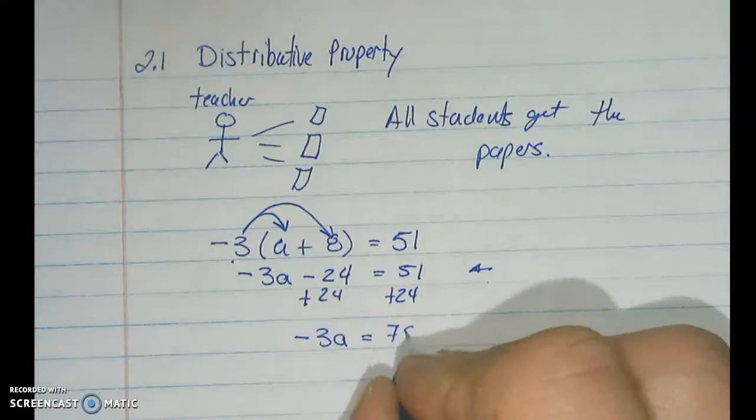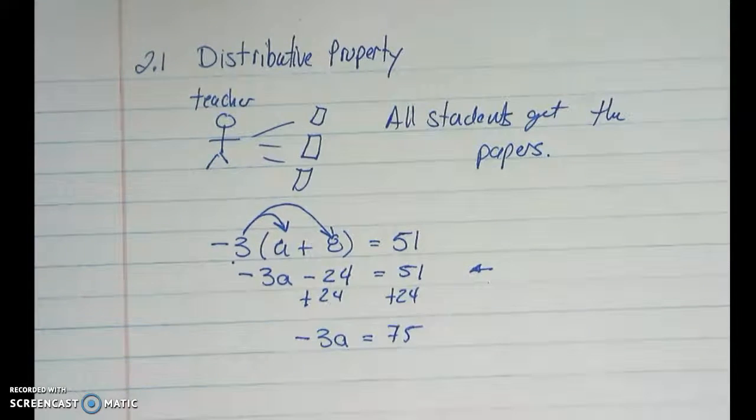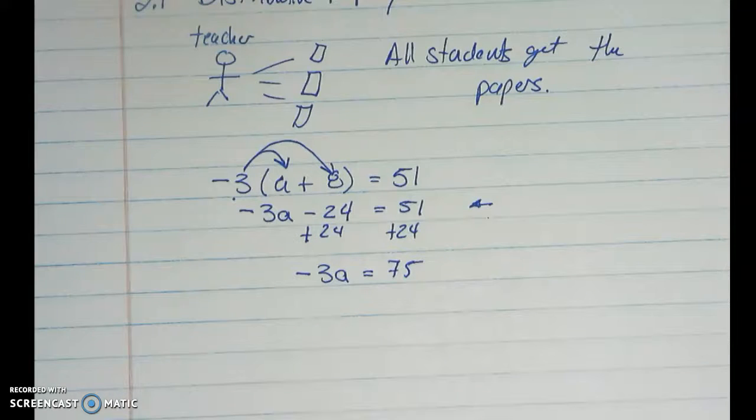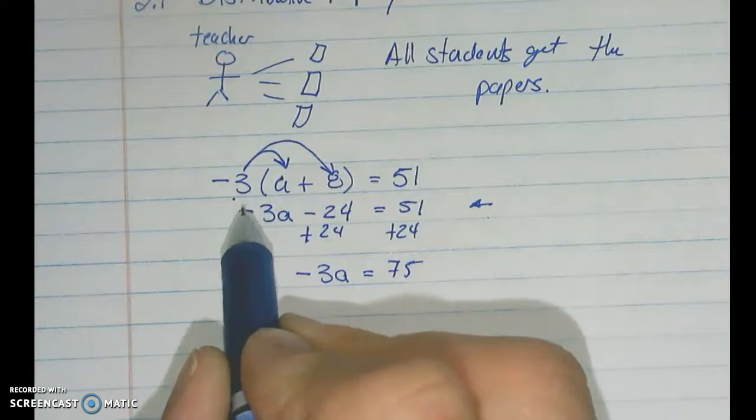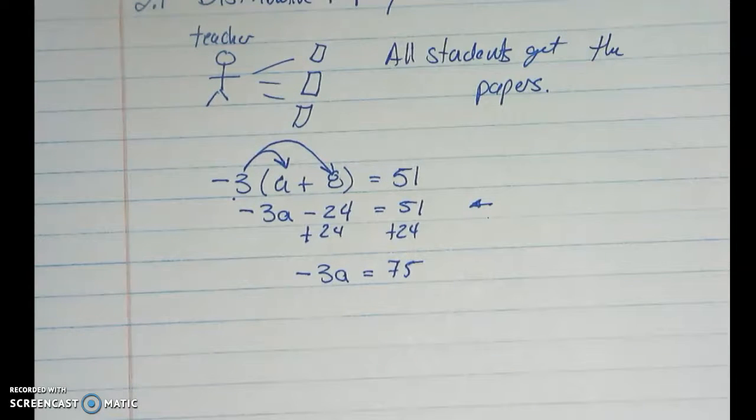Perfect, 75. All right, now, going right back to the original problem, how did I get 3a? What operation gave me that?